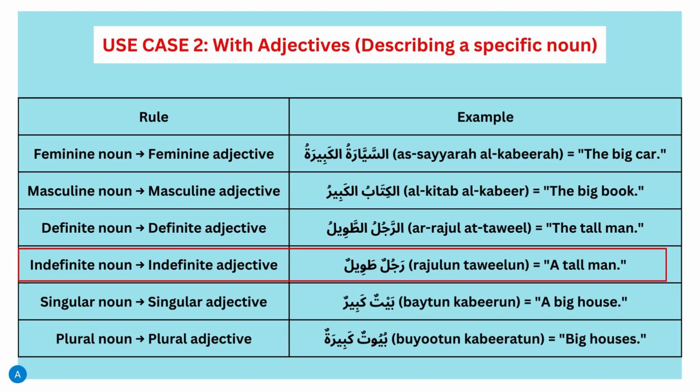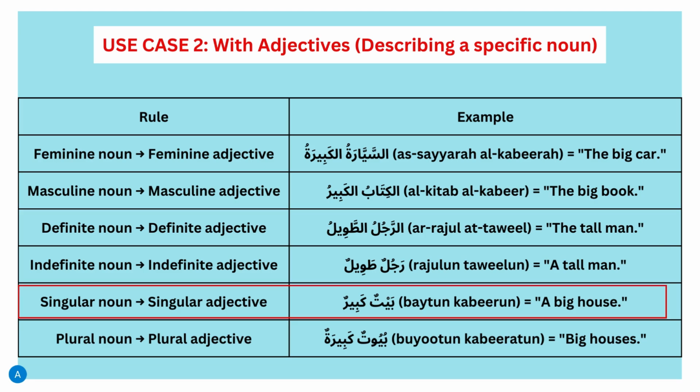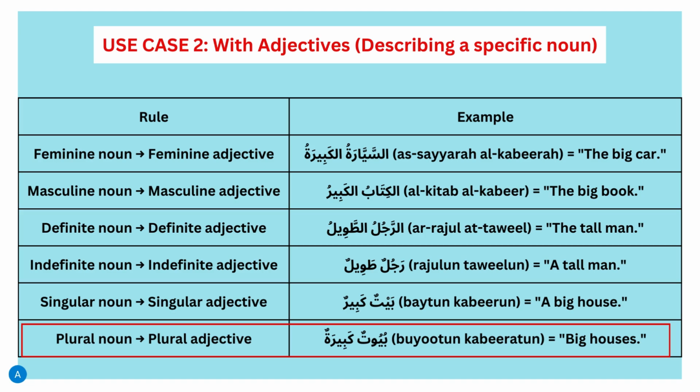Likewise, the indefinite noun will follow the indefinite adjective, a tall man, rajulun tawilun. And the singular noun follows the singular adjective, baitun kabirun, a big house. And the last example, a plural noun follows the plural adjective, buyutun kabiratun, big houses.